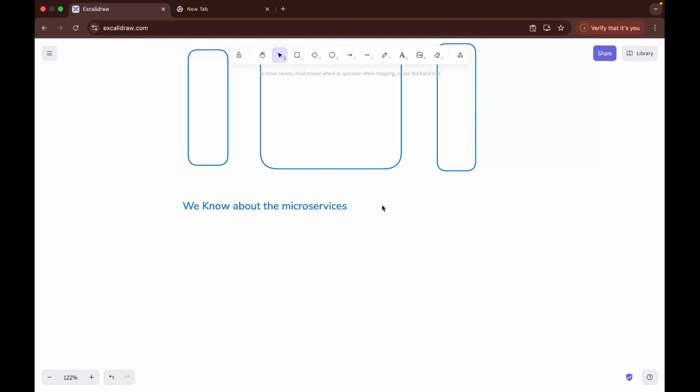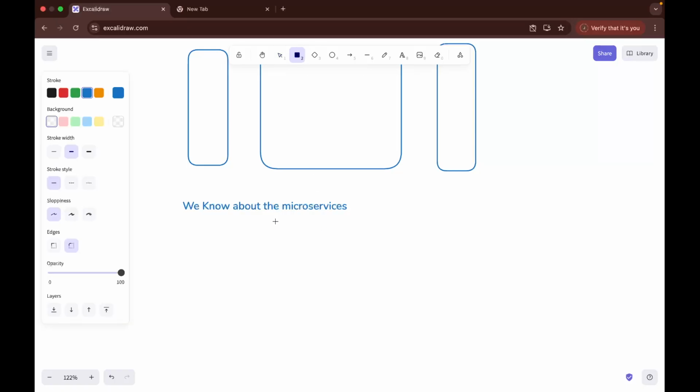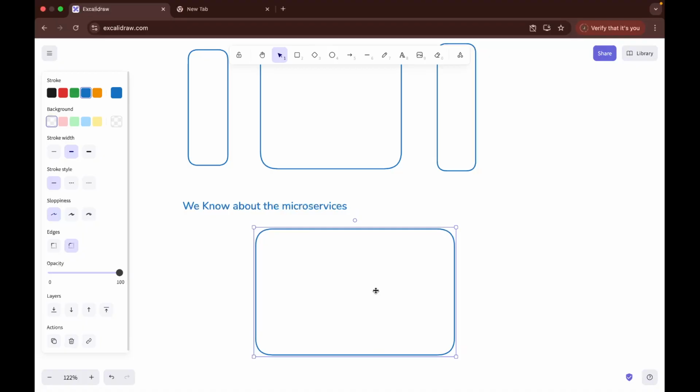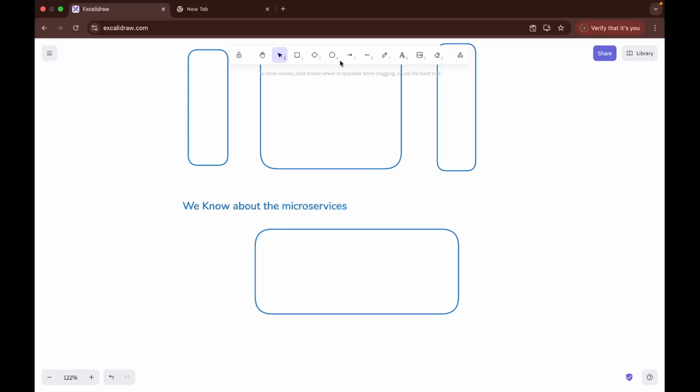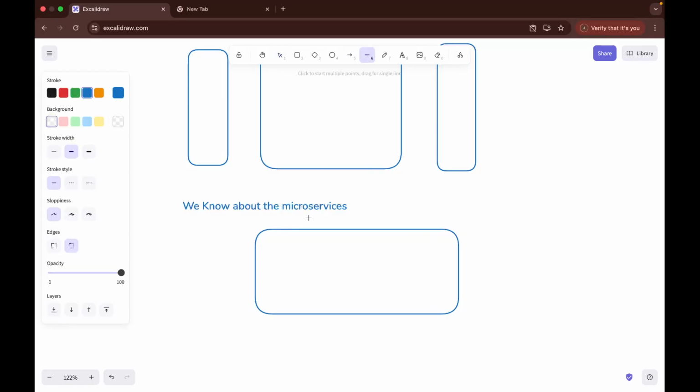Each service is responsible for specific business functions. So it means our project we have to divide into some parts.